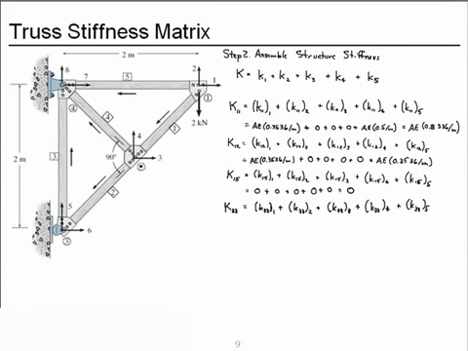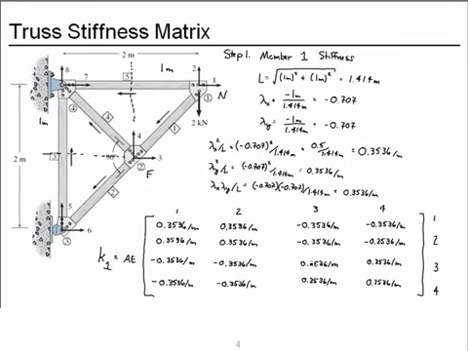As we look at degree of freedom 3, member 3 does not connect to this node, so its contribution will be 0. And member 5 does not connect to this node, so its contribution will be 0. But members 1, 2, and 4 all meet at that node, so we need to look up what their contribution is.